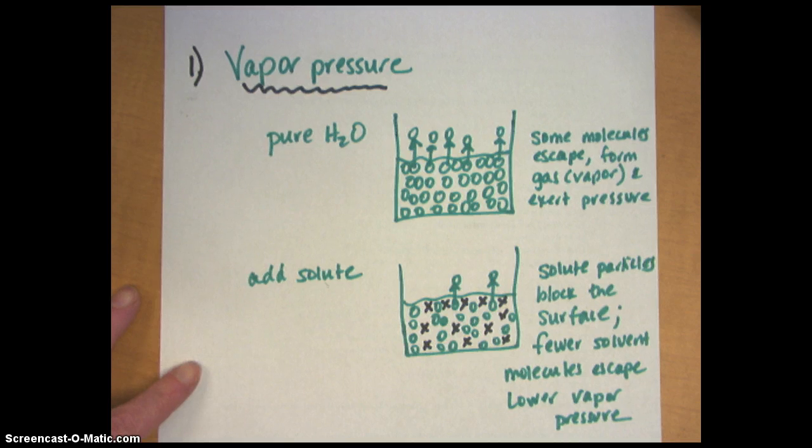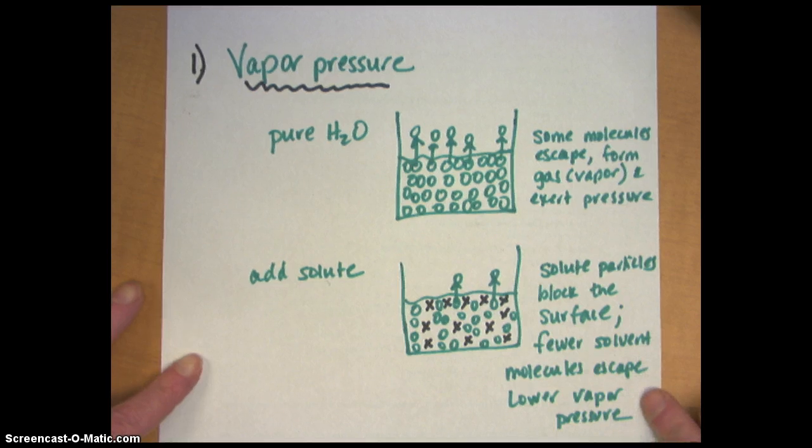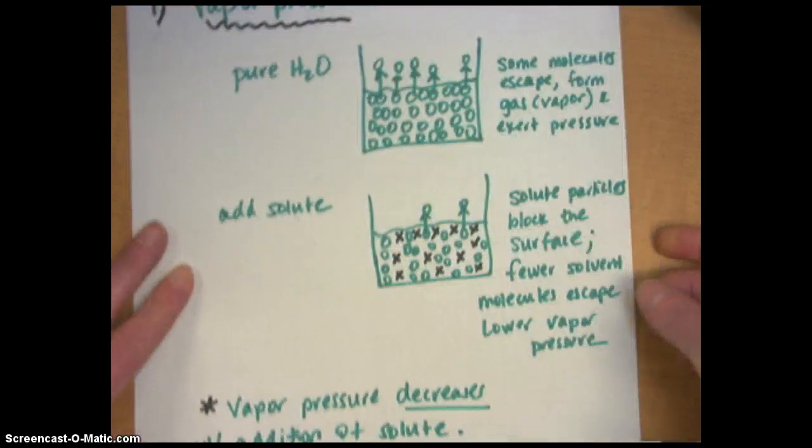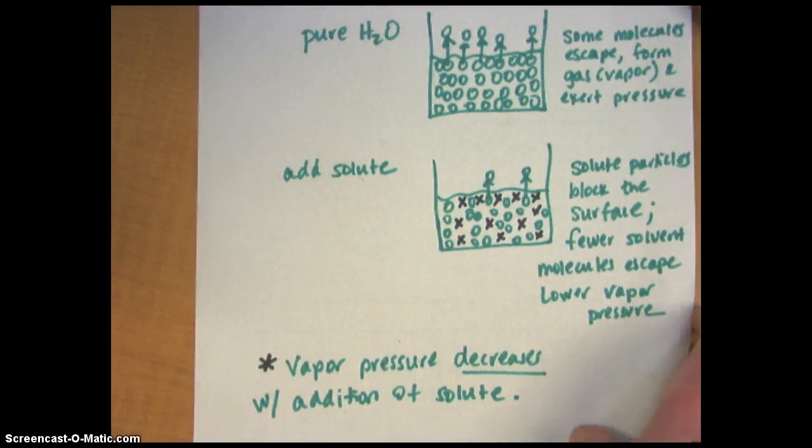So if you were to add solute, then you would find that the solute particles block the surface and fewer solvent molecules can escape. And so it would have a lowering of the vapor pressure effect. So in sum, vapor pressure decreases with the addition of solute.